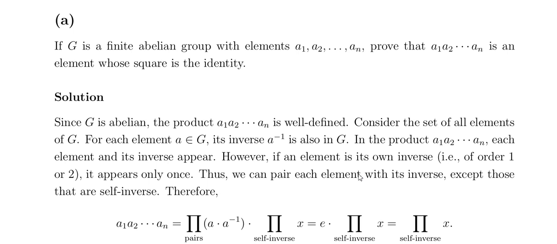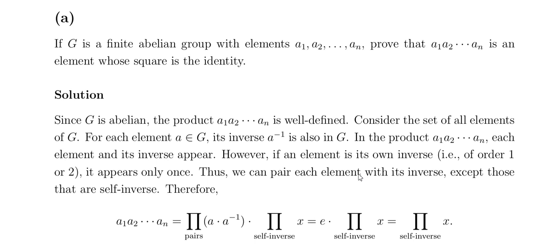G is a finite abelian group with elements a1, a2, ..., an. Then the product a1 a2 ... an is an element whose square is the identity.